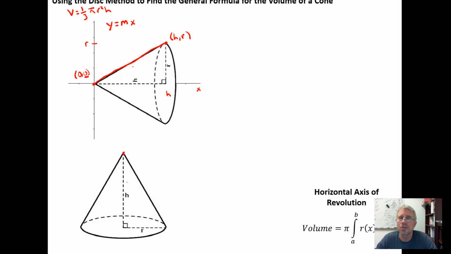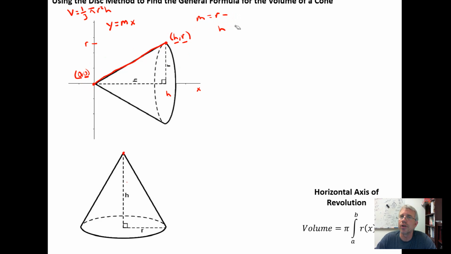And remember that slope is just rise divided by run. So in this case, the rise over run is just going to be r over h, right? If we thought about it in terms of ordered pairs, we would get r minus 0 over h minus the x-coordinate here, which is 0.